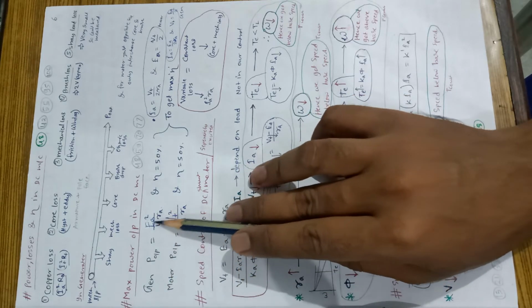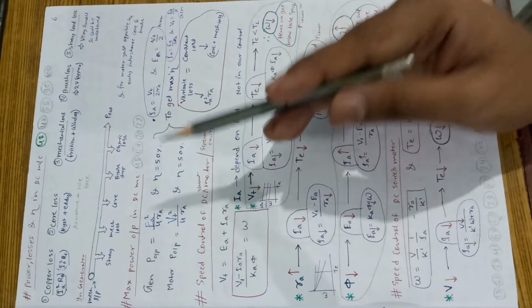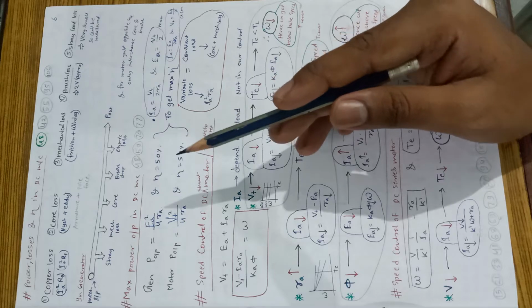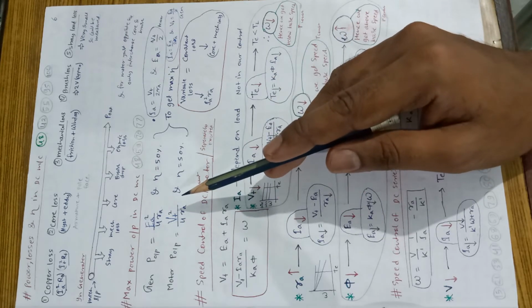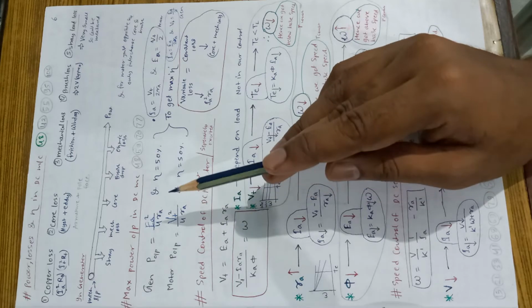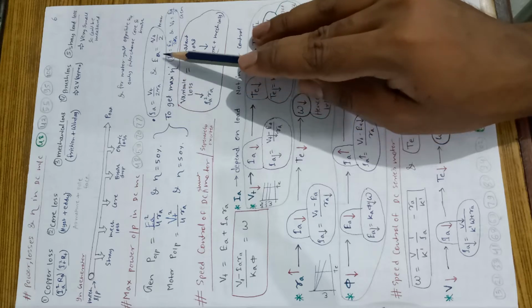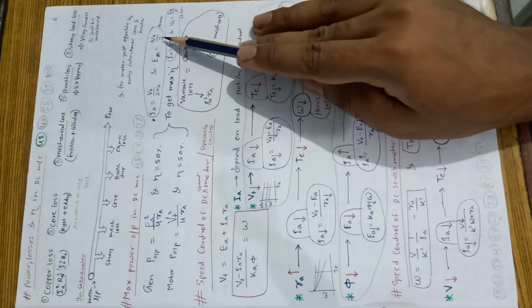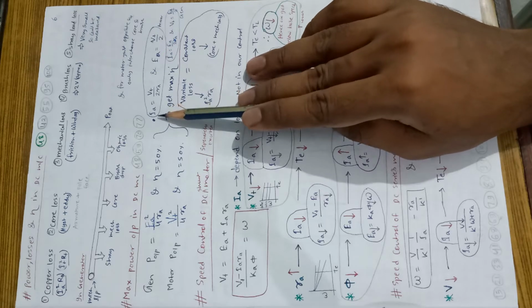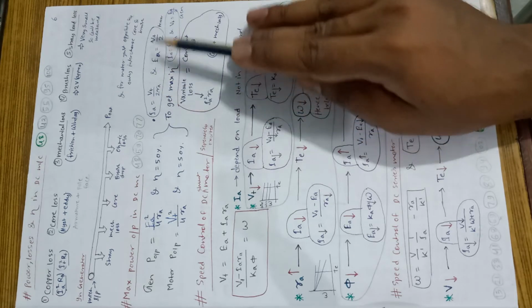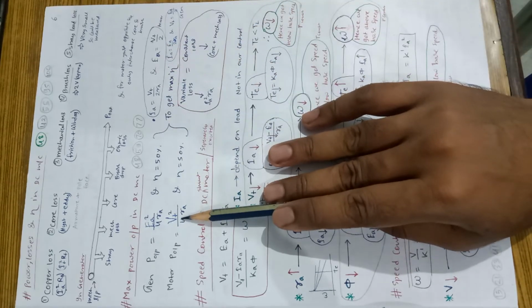Maximum power output is Ea square upon 4Ra, and similarly for a motor, the power output means Ea Ia. The condition for maximum power output is Ia should be Vt upon 2Ra and Ea should be Vt upon 2, and therefore the maximum power output, when we multiply these two, will be Vt square upon 4Ra.